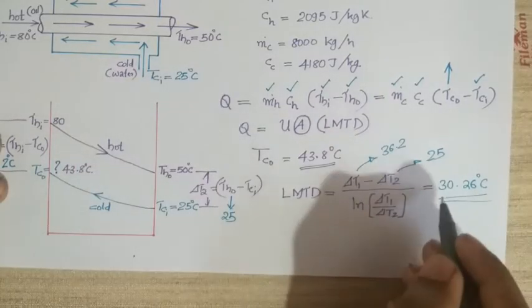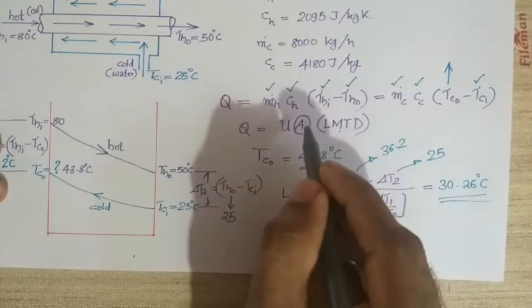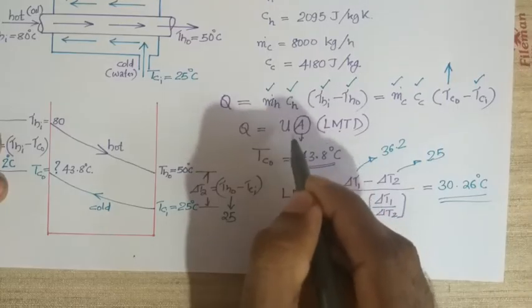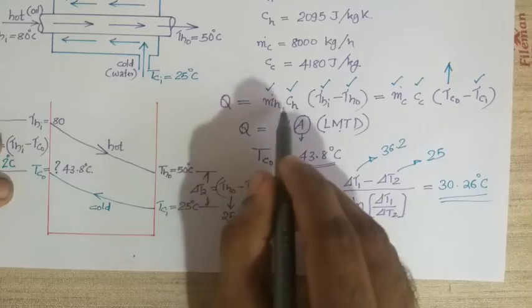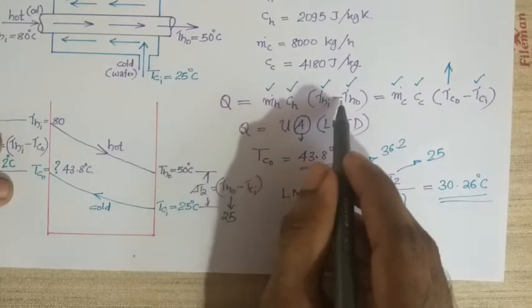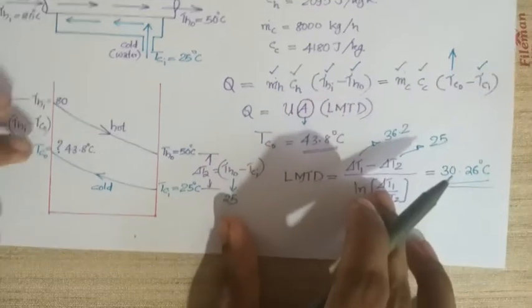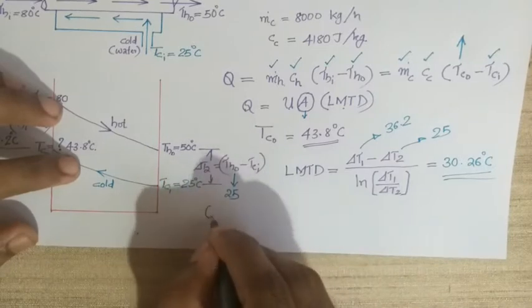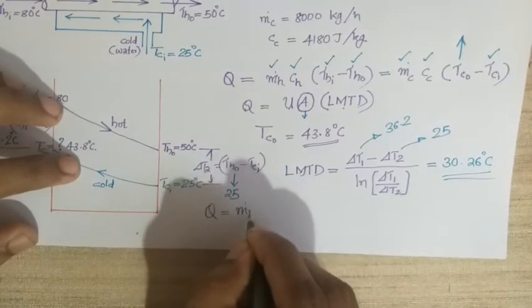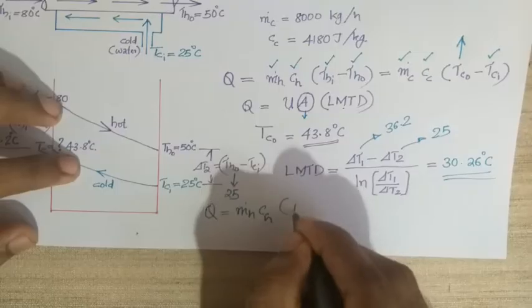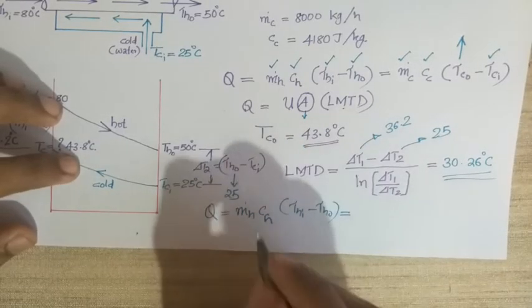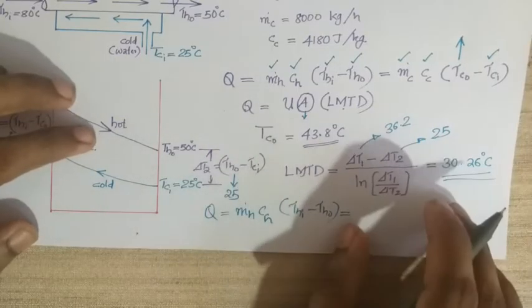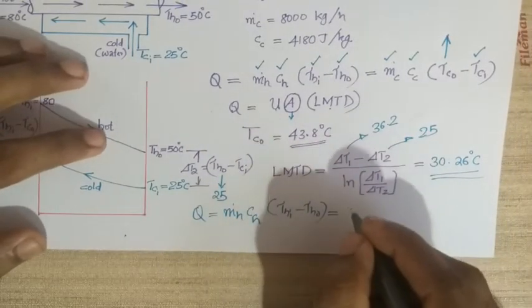So this LMTD you can substitute here. You have to obtain the area. U is given, but Q you have to find. This Q is again equal to m dot h Ch into Thi minus Tho. The mass flow rate is given in kilogram per hour, which we will convert into kilogram per second.